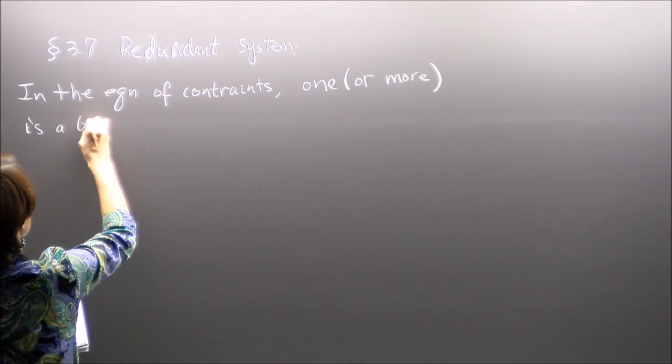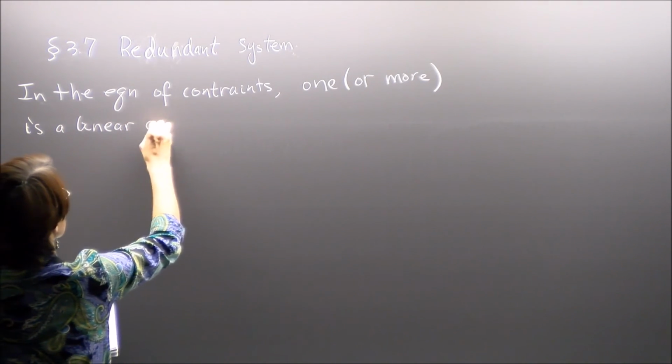is a linear combination. The first midterm exam is not too far from now. Have we been watching that date? It's not Thursday next week, but Thursday the week after.